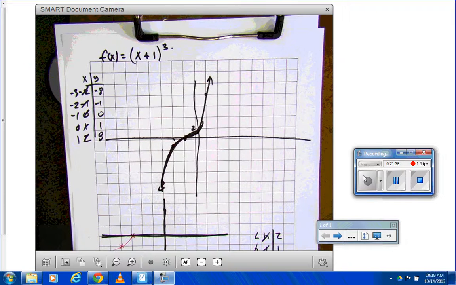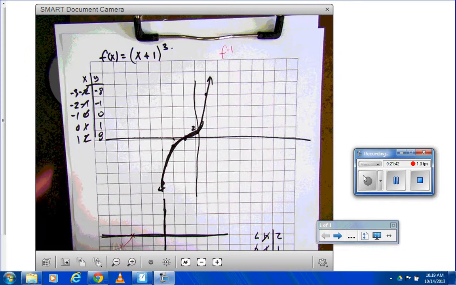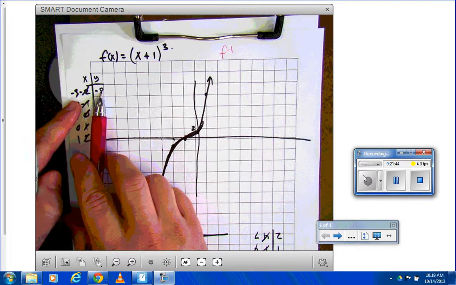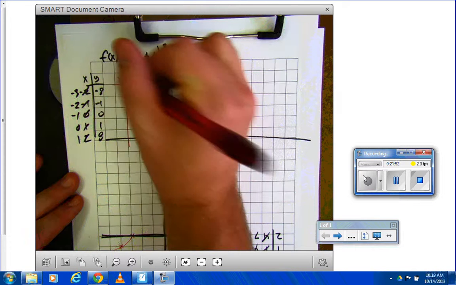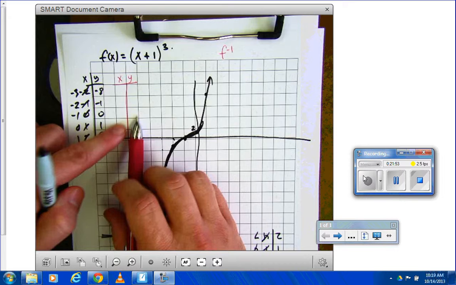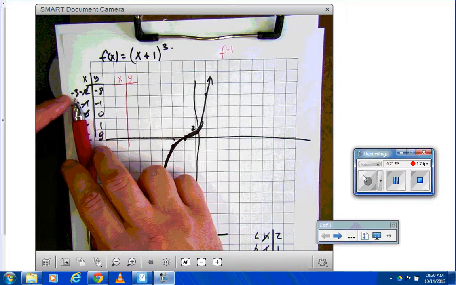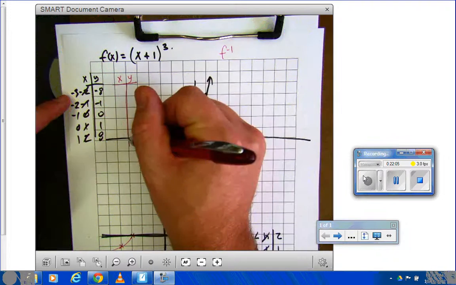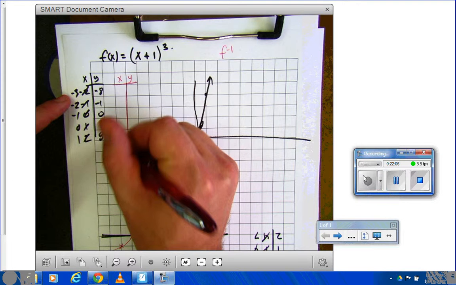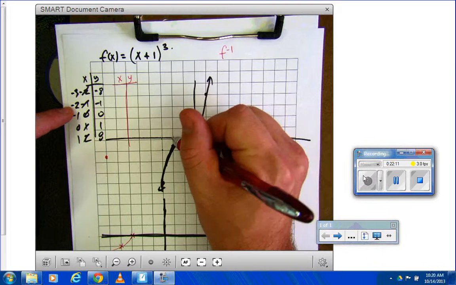All right, now, how do we graph the inverse now? Switch x and y, that's it. So here again, if you don't want to get yourself confused, for your inverse, just write down the table and just switch them. Most of you, though, can just look at it and switch them. So -8, -3, so go, let's see, -1, 2, 3, 4, 5, 6, 7, 8, -3. Okay, -2, oh, I was going to do it backwards.